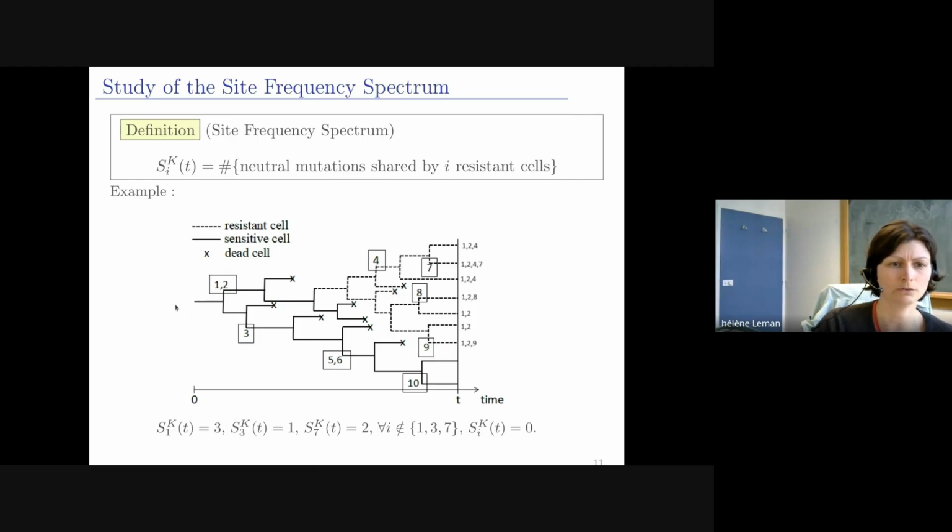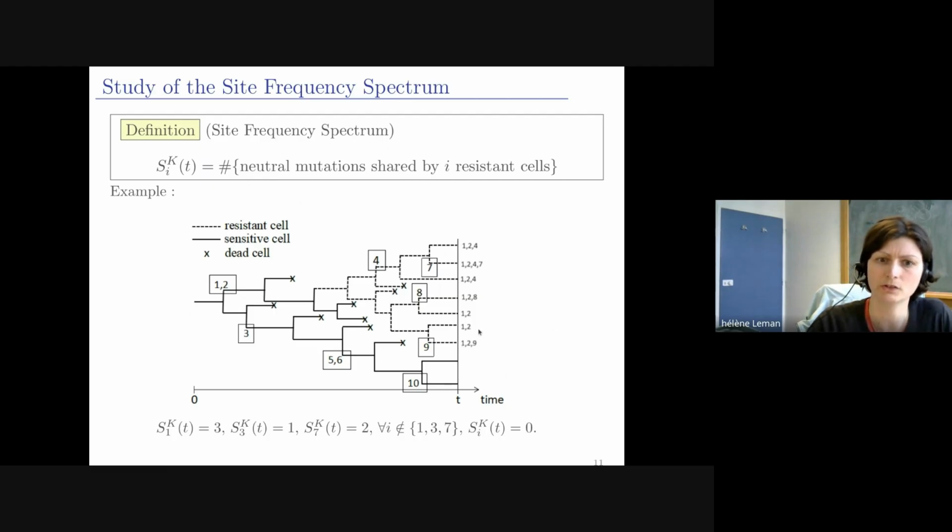So in my picture, you see the black lines are the sensitive cells, and the dotted black lines are the resistant cells. Here we have, for example, a resistant mutation event. And the numbers represent the neutral mutations that can also appear in the different cells. Here we have mutations 1 and 2, and as they are inherited, we will see mutations 1 and 2 in all the descendants of this individual.